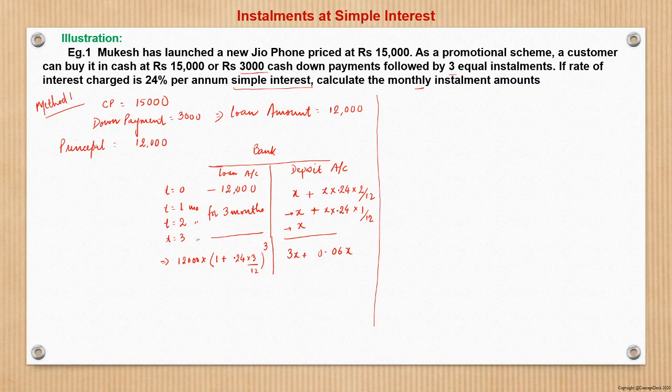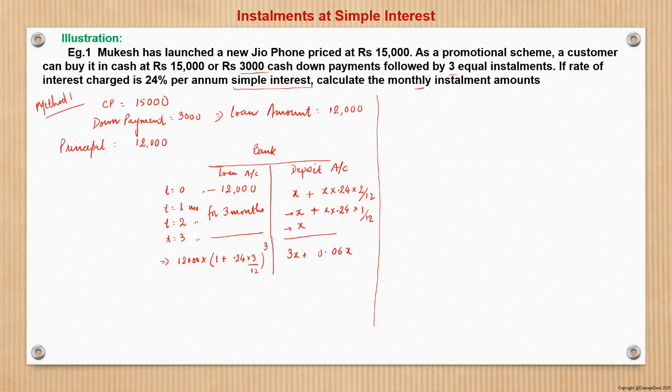So basically what happens now, the value of the loan account at the end of the third month, and the value of all the installments at the end of the third month should be same, so that the loan gets fully cleared, right? So core concept here, we have to look at the things at the same point of time. Either we could have seen at the end of t is equal to 3, or at the beginning of t, at around t is equal to 1, right?